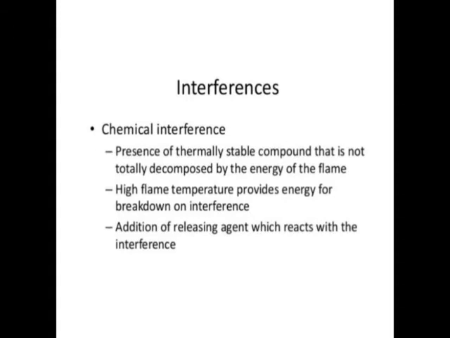In atomic absorption spectroscopy, if a larger number of metals or atoms are present in the given mixture, and you have to find out a single metal and its concentration, that is, analyze a single metal out of the mixture, then it is possible with the help of atomic absorption spectroscopy.